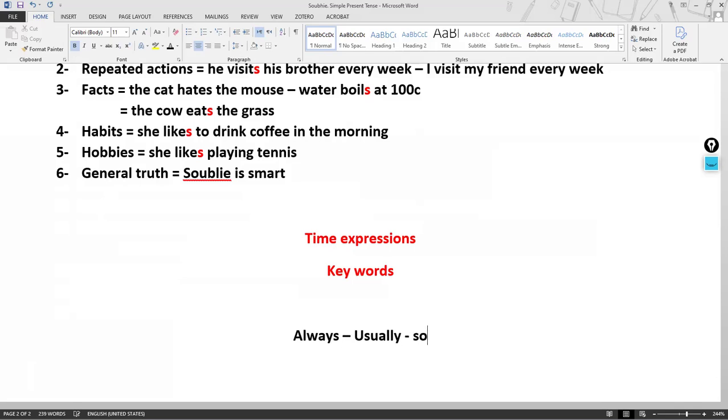Third, I have sometimes, not sometime, Subhi, but sometimes with S. Sometimes is a great keyword or time marker for simple present tense. We have often. Often is a good time marker I have to use for simple present tense. And we have barely, which means rarely, or seldom, and we have never.